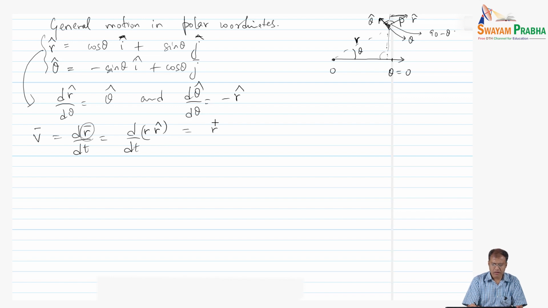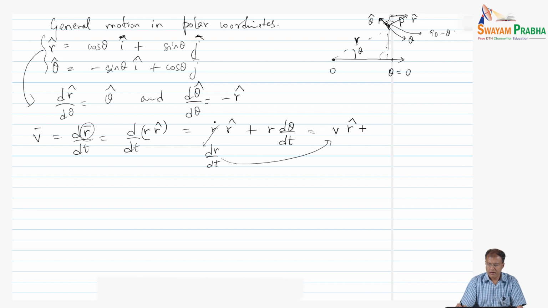So we have r dot r hat plus r times d r hat dt. So r dot is dr dt, which is nothing but the speed, because r without any hat or bar is a scalar.